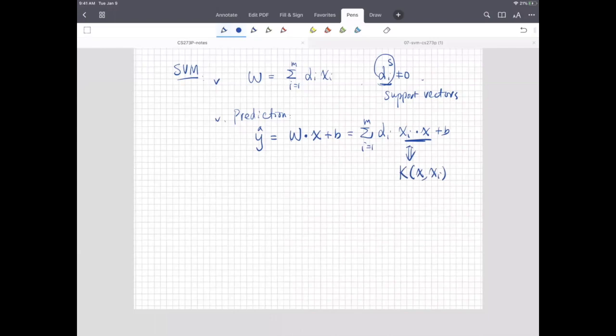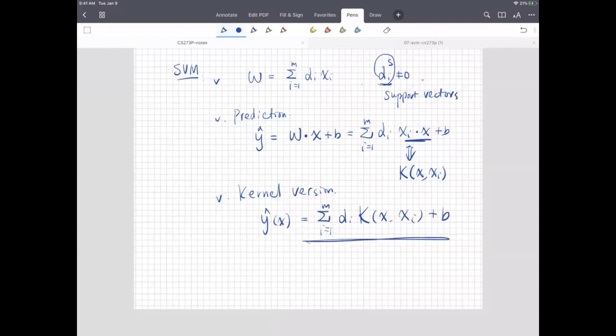As a result, the kernel version of my predictive function is simply y hat with input x equal to the summation of i equals 1 to m, alpha_i times the kernel function of x and x_i, plus b. So that is my decision boundary. If this is positive, you say there's one label. If this is negative, that will be another label.